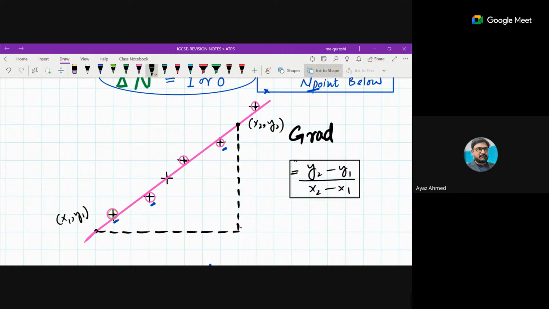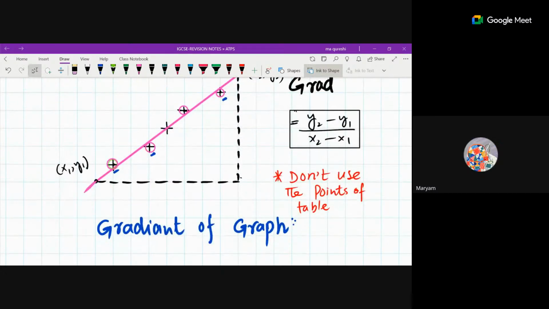If you find the gradient, don't use the points which are given in your table. This is very important. Sometimes the students use those points. So I request you, don't use the points given in the table. Why not? Wouldn't it be more accurate? Actually, logically, you are not allowed to draw a line through any point. Your line should not be passing through a single point.